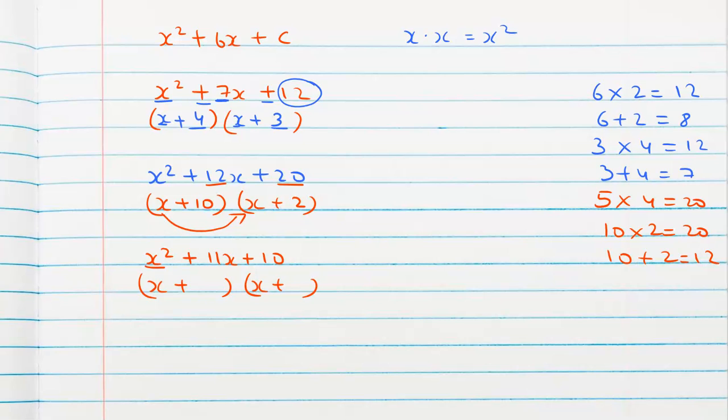So what are the two numbers that we multiply and we get 10? Well, that can be 5 times 2, that is 10, but when we add them we get 7. So how about 10 times 1 is 10, 10 plus 1 is 11. So the answer will be x plus 10 and x plus 1.